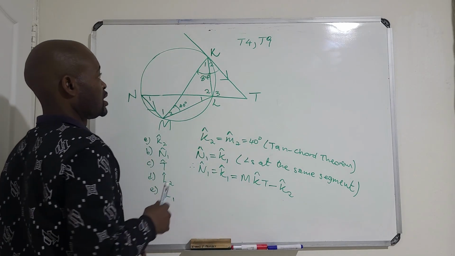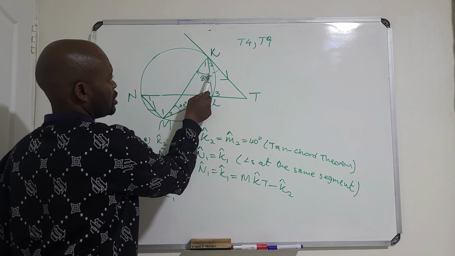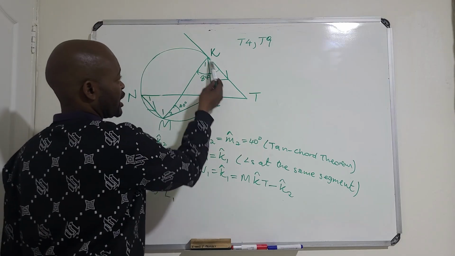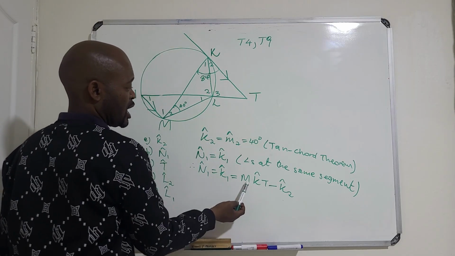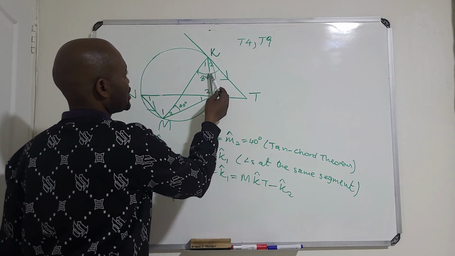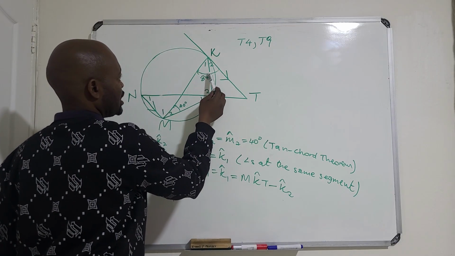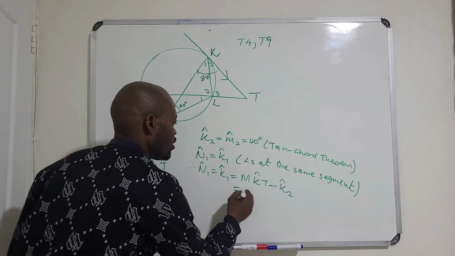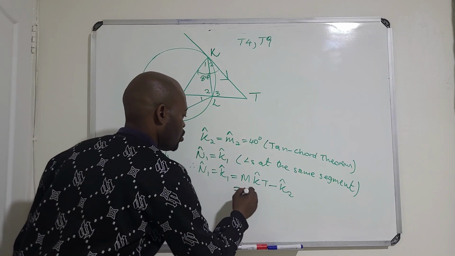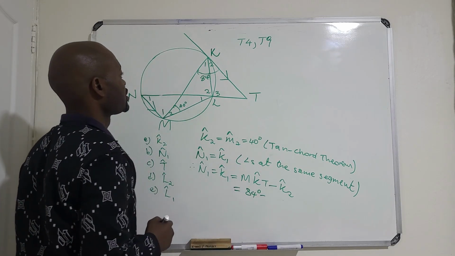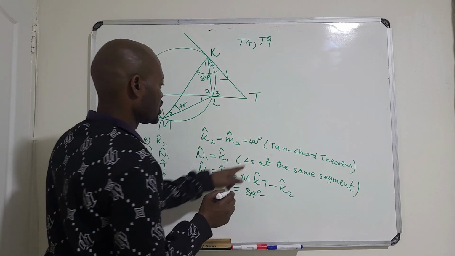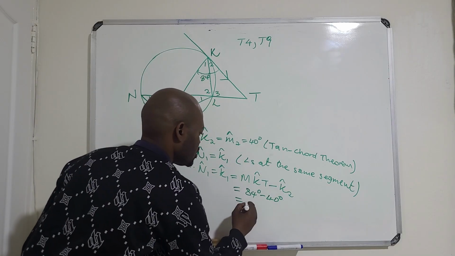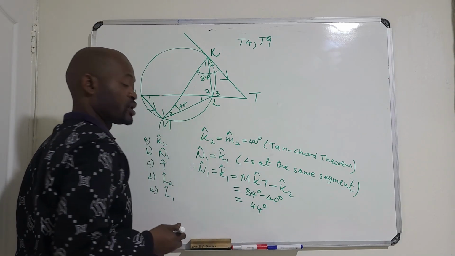I've just said it, that angle K1 is equal to the whole of this angle, which is angle MKT, minus this angle, we are going to get this angle, which is K1, which is equal to N1. Therefore, here we have 84 degrees minus our 40 degrees, which is angle K2, which is 44 degrees.